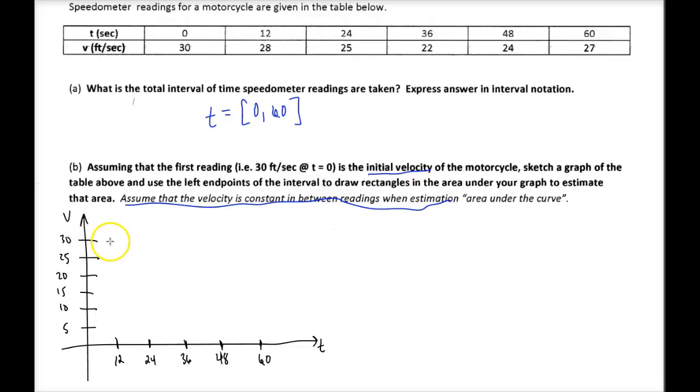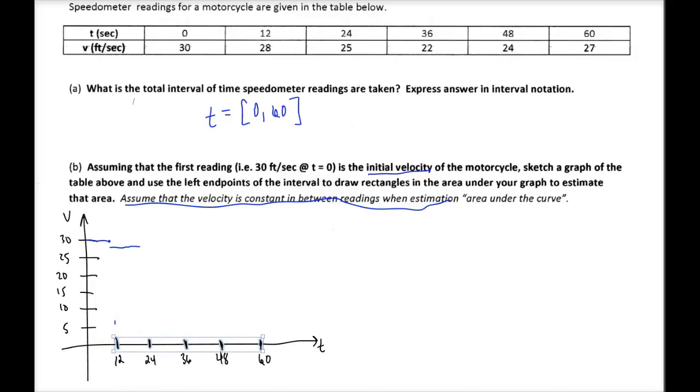So everywhere from here to 12 would be about the same, and we would just draw it like that. Then at 12 seconds, it would go to 28, so that'll be slightly below, about right here. And we'll take that across to when that is equal to 24.